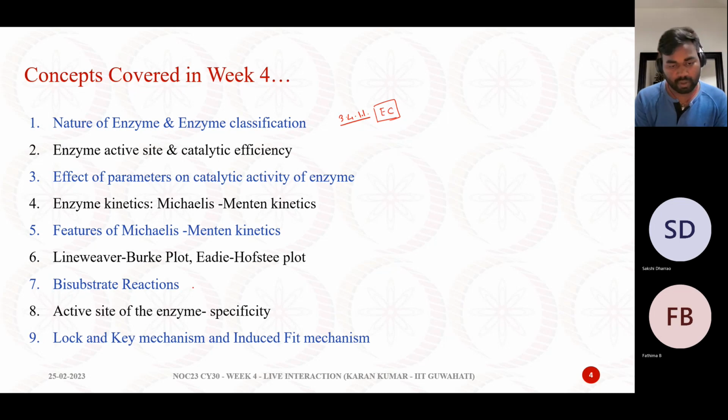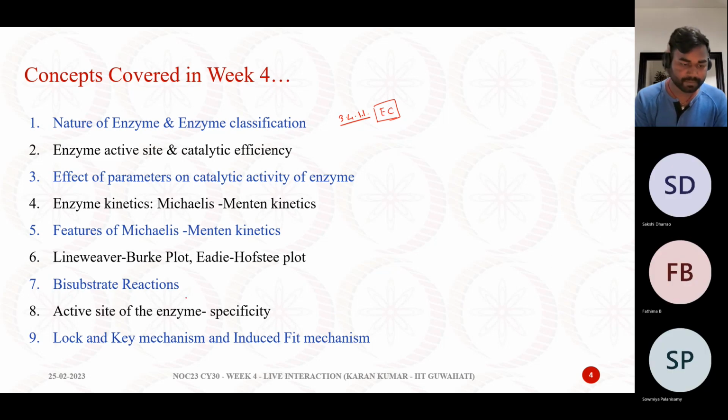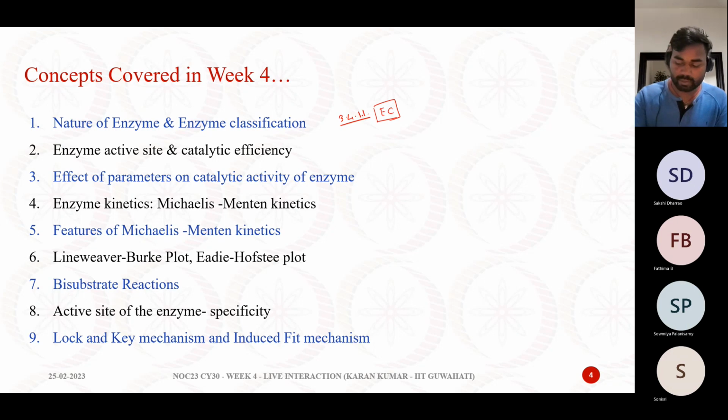There are two models: ping pong bi bi and ordered bi bi. Then the active site and enzyme specificity, the lock and key mechanism, and the induced fit mechanism, to represent how enzymes take the substrate, process it, and finally give the product out of this enzyme catalysis.